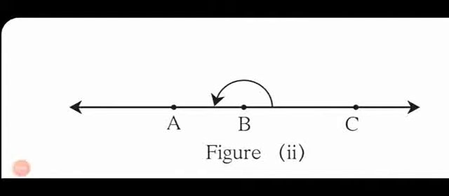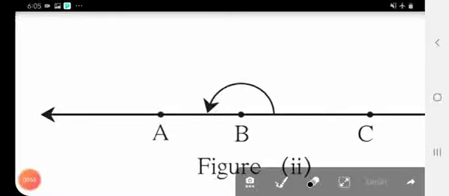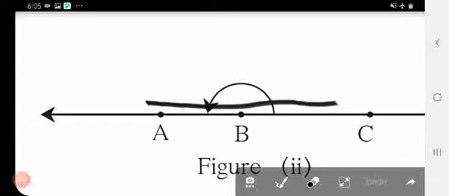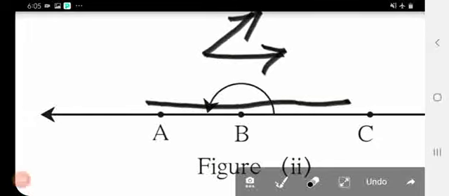So they are opposite rays. These two rays are forming a straight line, so they are opposite rays. But suppose these two rays, they are not opposite rays because they are not forming a straight line. They are forming an acute angle. So they are not opposite rays.